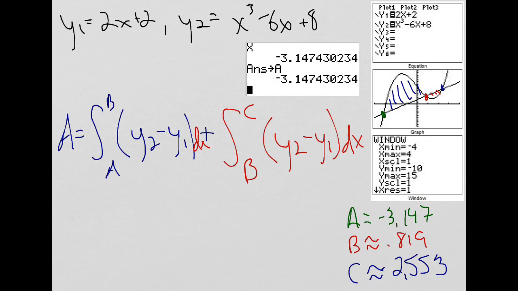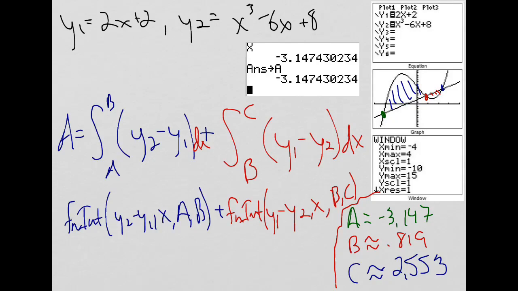Now I'm going to type that into my calculator using fnInt. I'm not going to rewrite all that stuff, but you're going to actually. Sure, I guess I'll write it. Anyway, I noticed that I made a little error here. I switched these two. I said it correctly, I think. Anyway, type this in.